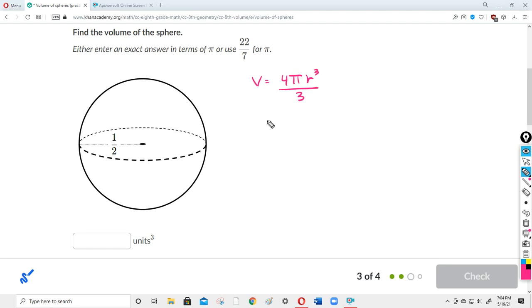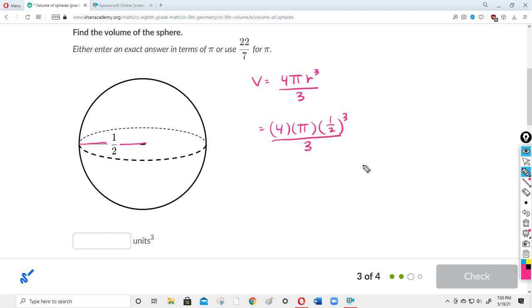Alright, and now on this one, our radius is 1/2. Okay, so that's going to be 4 times pi times 1/2 to the third power, and that whole thing is divided by 3.